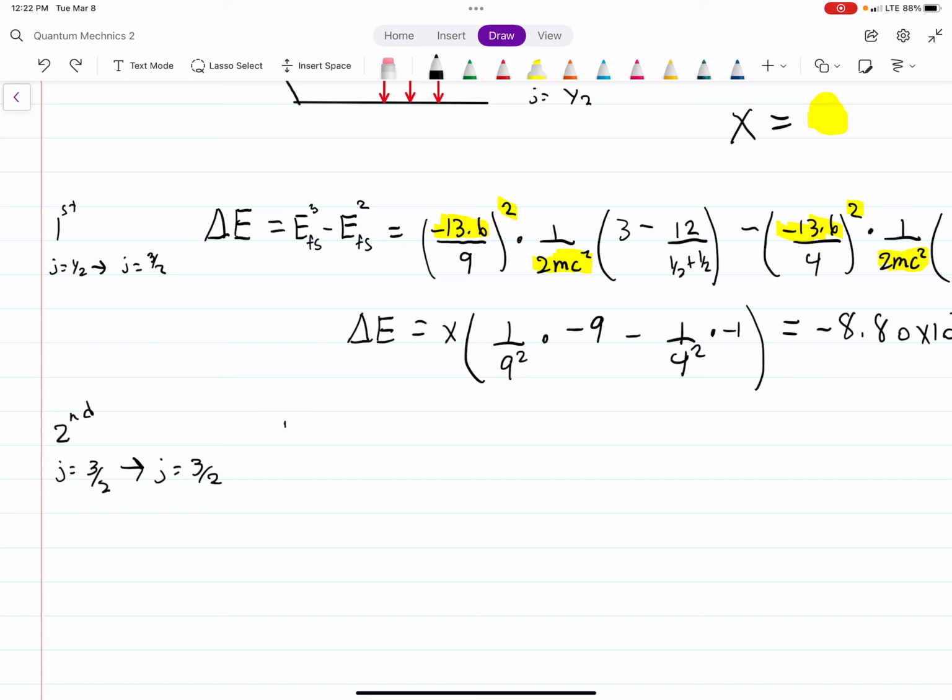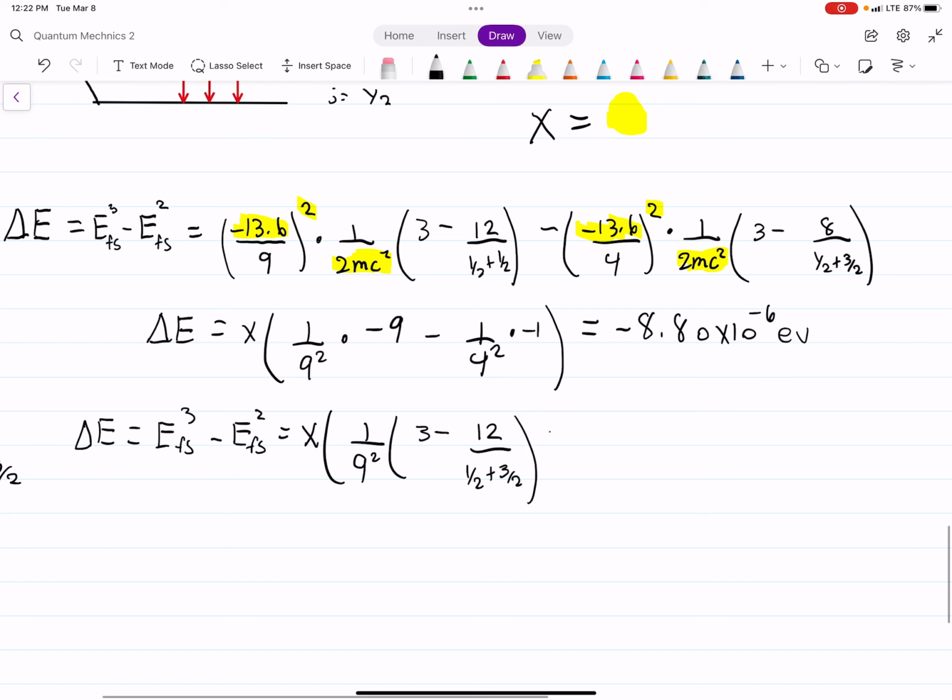So anyways, delta E equals E fine structure 3 minus E fine structure 2. We'll use that same x value. 1 over 9 squared, 3 minus 1/2 plus 3/2, minus 1 over 4 squared, 3 minus 8, 1/2 plus 3/2.